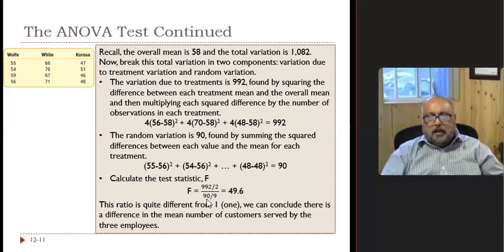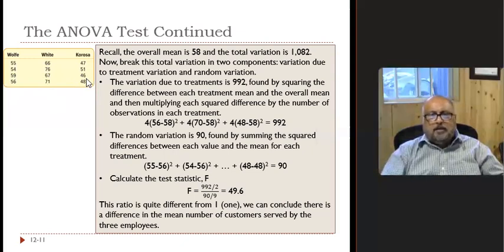And how about the bottom one, 90 divided by 9? Why do we have a 9 here? This is due to random variation, right? In this case, we take the total number of observations minus the number of treatments. How many observations do we have? 4 here, 4 here, 4 here. 4 times 3 is 12.